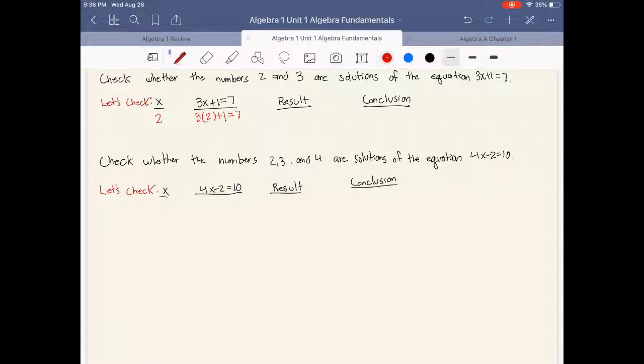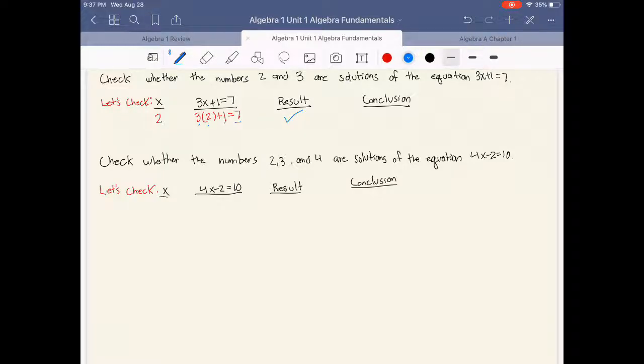So let's break it down. 3 times 2 is 6, plus 1, that gives us 7. So yes, it is a solution. The variable x, when you replace it with 2, is a solution for 3x plus 1 equals 7.